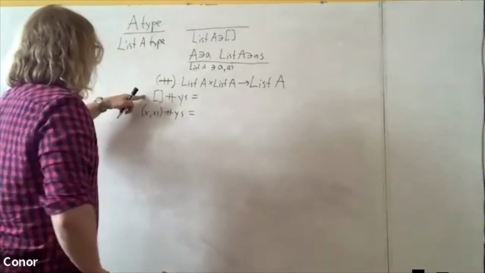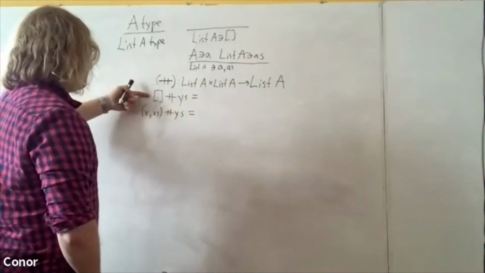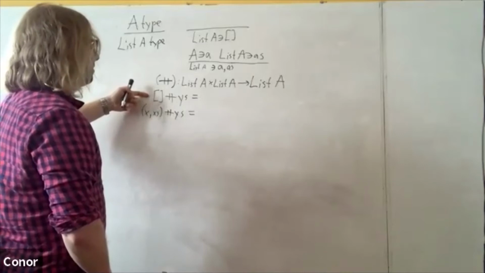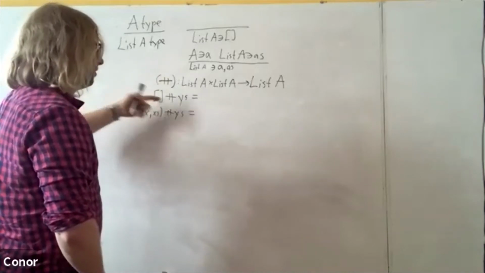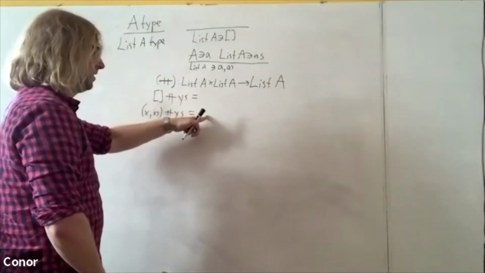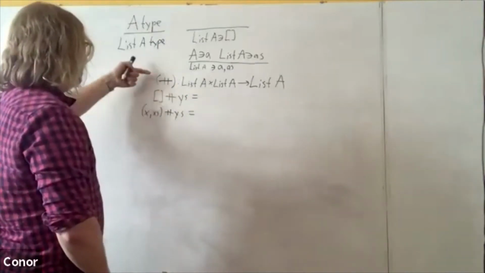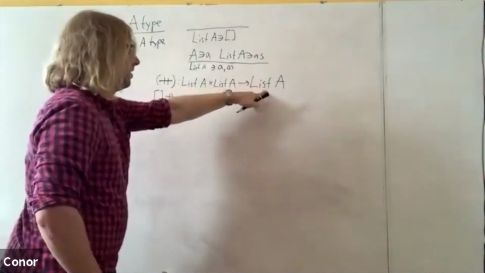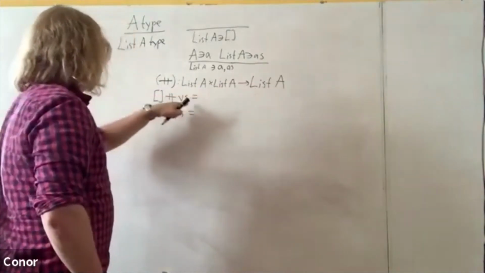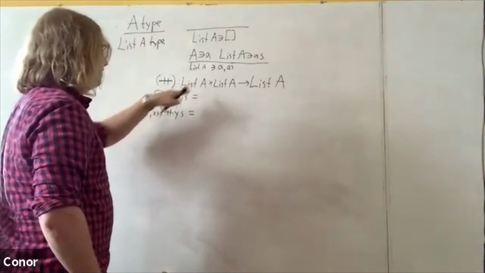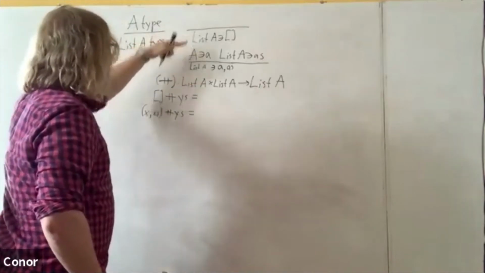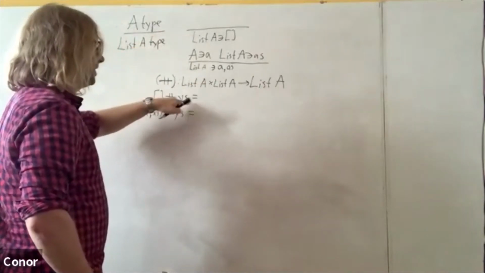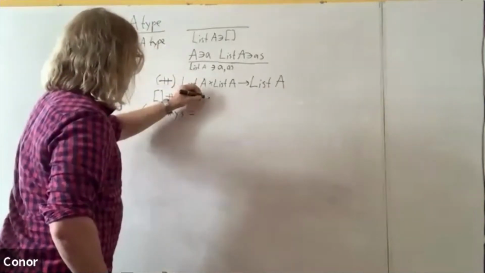One point is that I can now get some help from the type system to figure out what I should put on the right-hand side. Because I've stated my type up front, I know that here I have to produce a list of A's. And I know that I have exactly one list of A's around. Well, I can always make the empty one, but I have one more that I've been given. So it probably makes sense to give this one back.